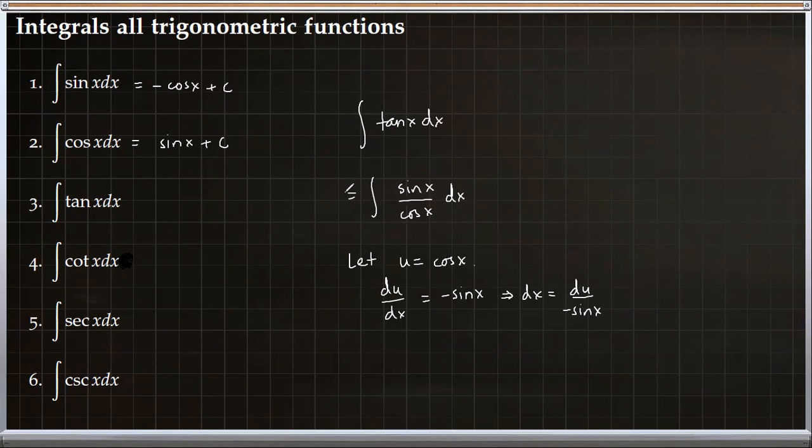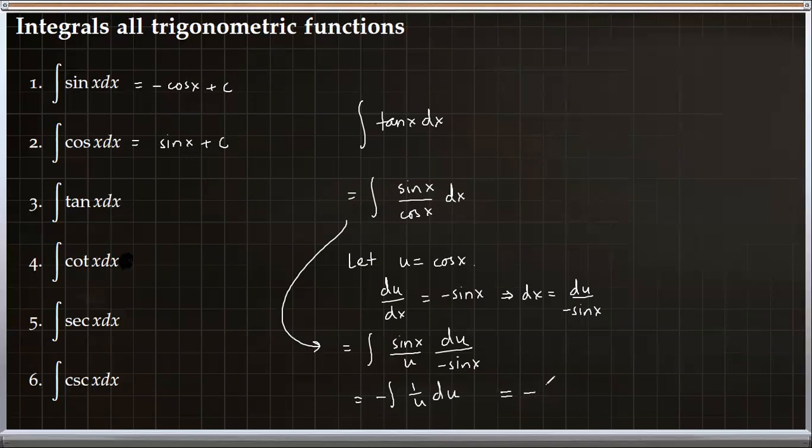So now we are ready to write this integral in terms of u. So this becomes integral sine x over u times dx, which is du over negative sine x. Looks like sine x gets canceled out. So we are left with negative 1 over u du. We know that the integral of 1 over u is natural log of absolute value of u.